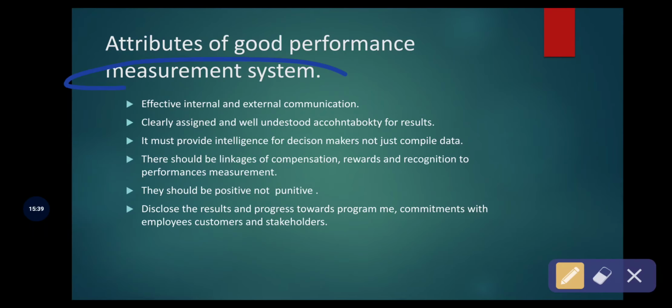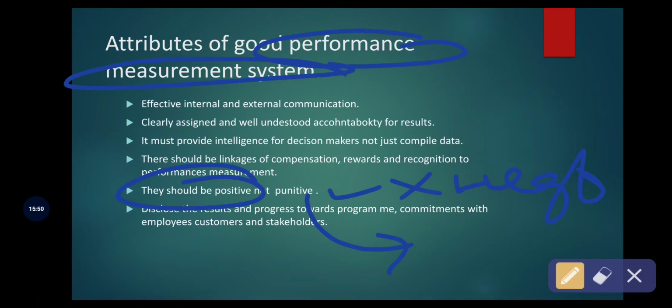Every performance technique should be positive in nature. It should not be punitive, meaning it should not be negative, like in the case of punishment. For example, if one employee is not working properly, you measured his performance, now the performance result should be positive.